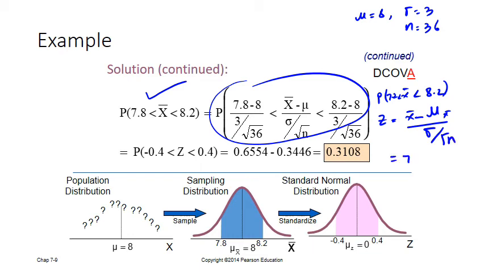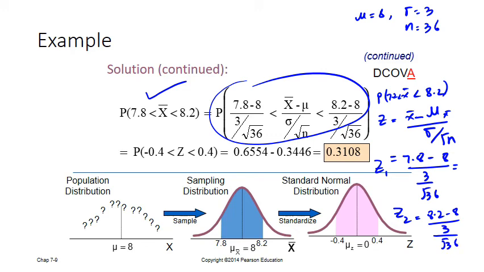If x bar is 7.8, mu or mu x bar, both are the same, is 8, over 3 divided by square root of n, you will get z1, and similarly you can get z2 for 8.2 minus 8 over 3 divided by square root of 36.